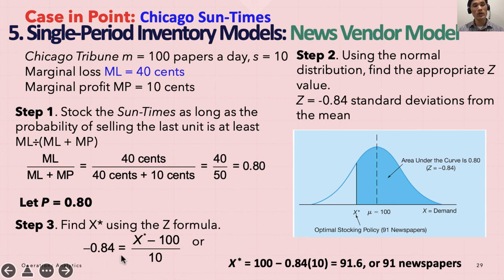Negative 0.84 is x star minus 100 over 10, and if you solve for x star, then you will get 91.6 or 91 newspapers. So that's how you can solve this newspaper problem.